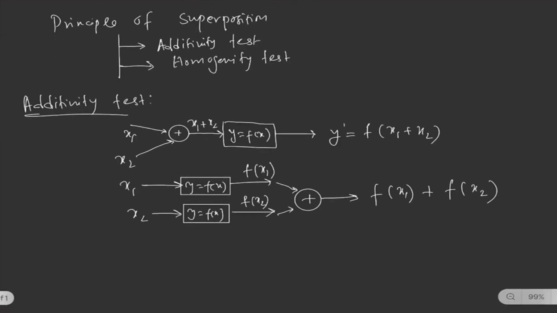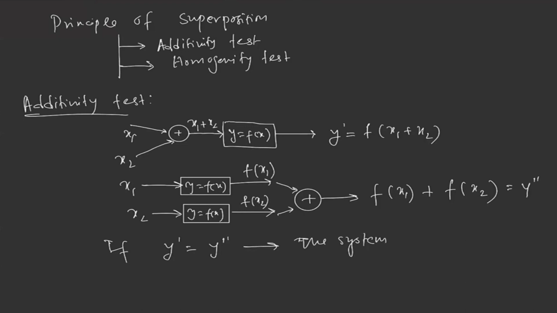Now, let me write this as y double dash. If y dash equal to y double dash, we can say the system follows the additivity rule.